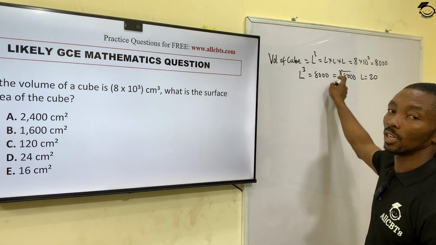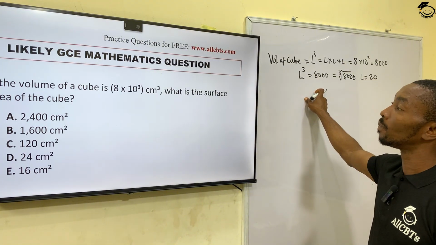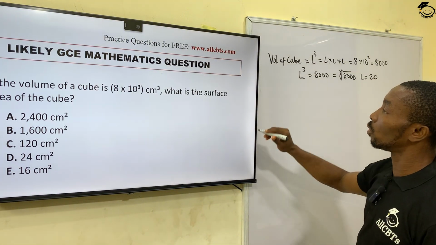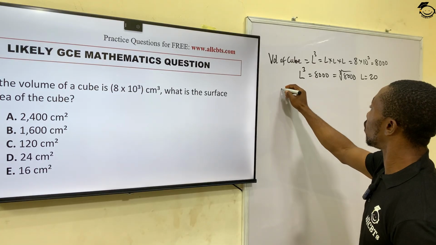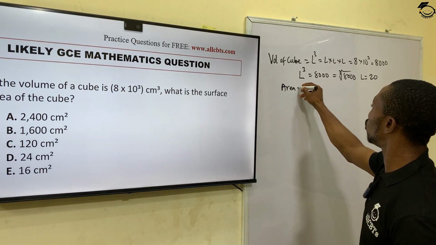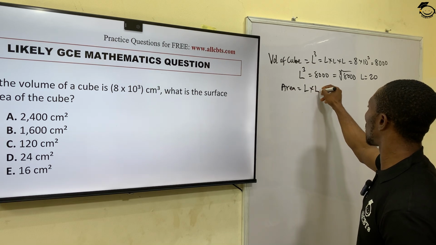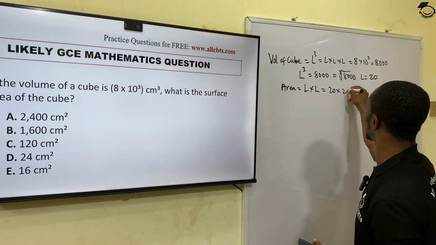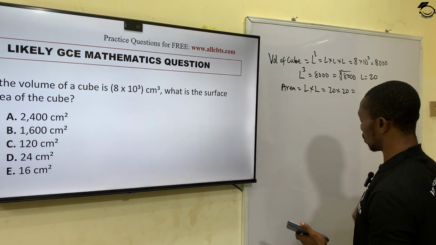So our length is 20. If our length is 20, now looking for the area of a face of our cube, it will be length times length, which is 20 times 20, which will give us 400.